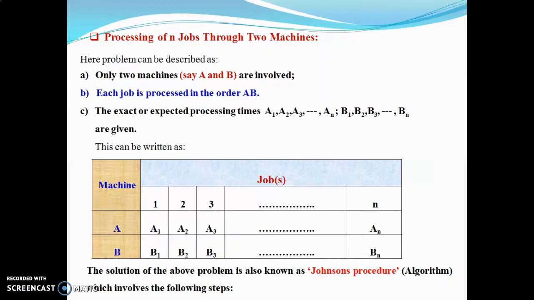Dear friends, in yesterday's class we have seen the important topic of processing n jobs through two machines.